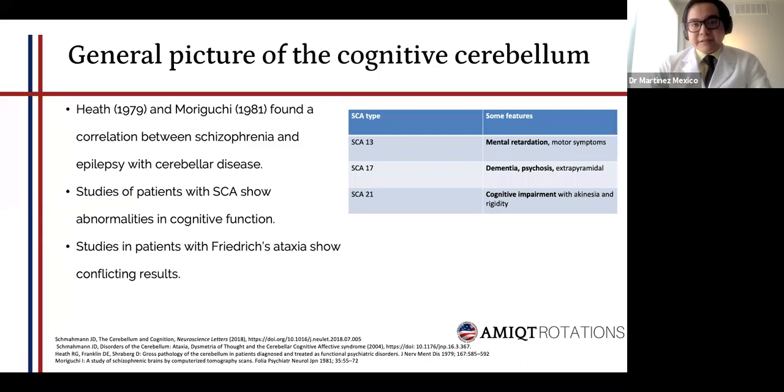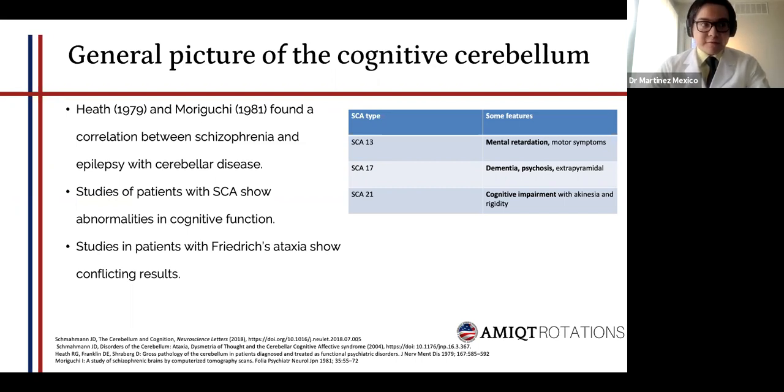Some other studies by Dr. Heath and Dr. Moriguchi actually studied patients with cerebellar disease and schizophrenia, and they found a correlation between schizophrenia and some cerebellar changes. They also found a relationship between cerebellar disease and epilepsy.